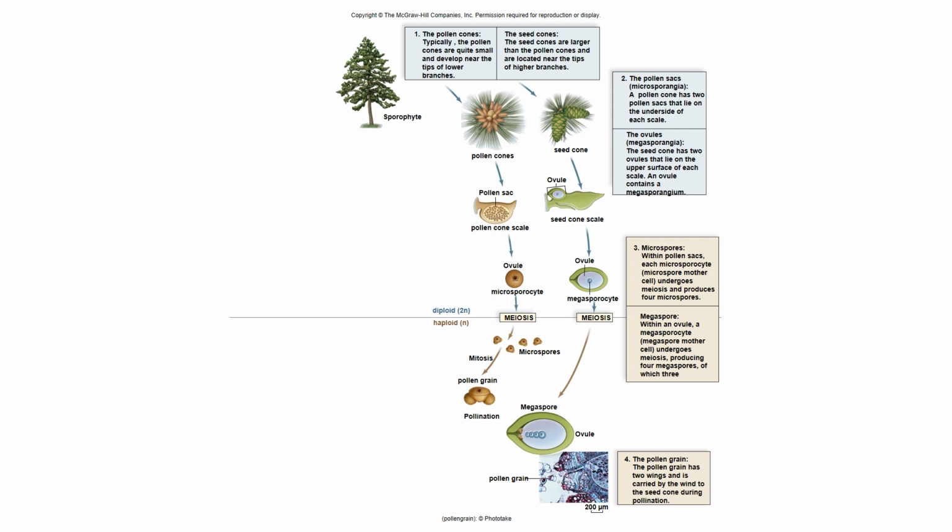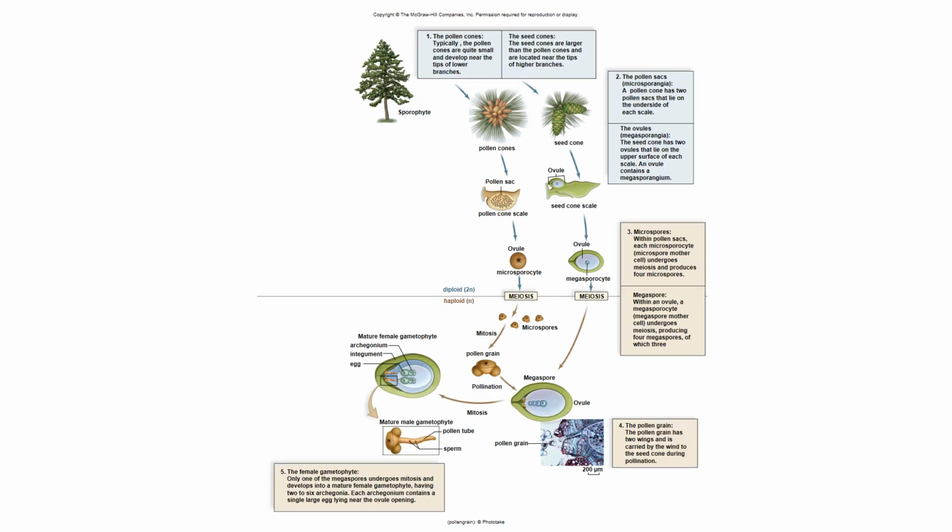And then basically you're going to end up with a megaspore and an ovule there. Now, only one of the megaspores is going to undergo mitosis and mature into the female gametophyte. Those gametophytes are going to have 2 to 6 archegonia, and each archegonium is going to have a single egg near the ovule opening.